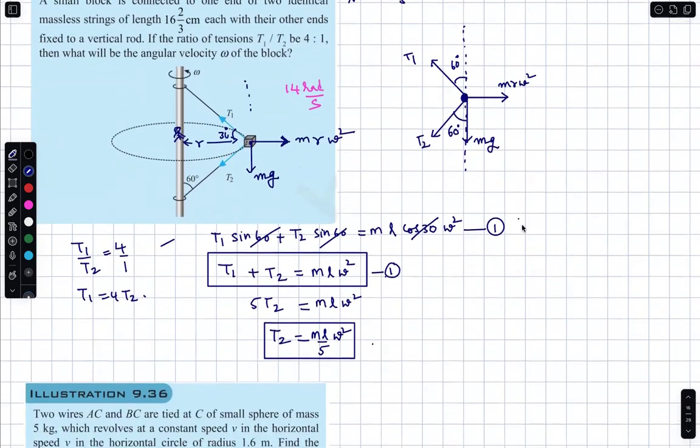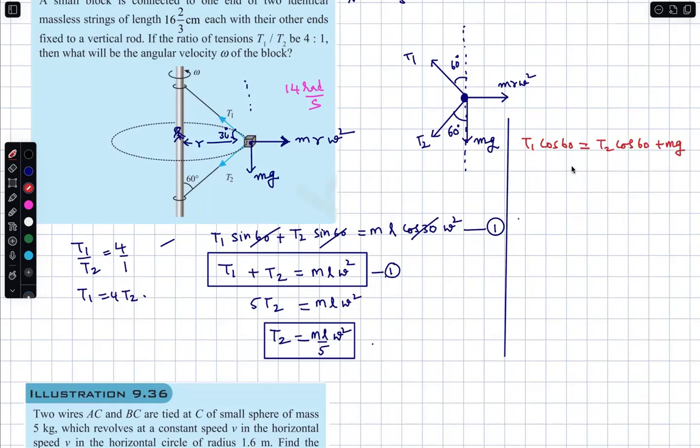And there is another option for you also. The other option is T1 cos 60 plus T2 cos 60. Upwards, T1 cos 60 is equal to T2 cos 60 plus mg.